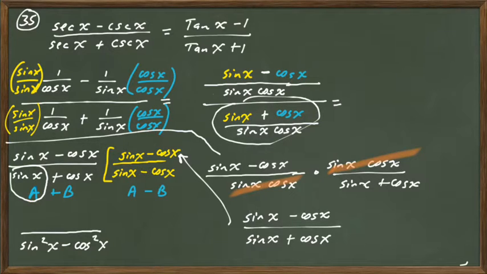Cosine squared, because this is the b, right? And I need b squared. What do I have on top? Do I have sine plus, no, sine minus cosine times sine minus cosine, or sine minus cosine quantity squared?